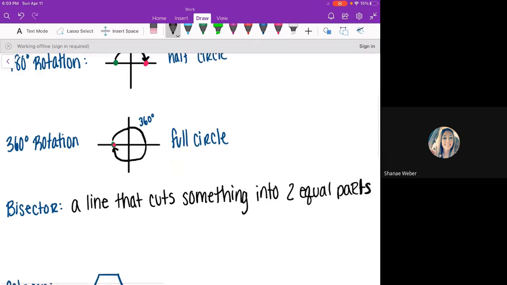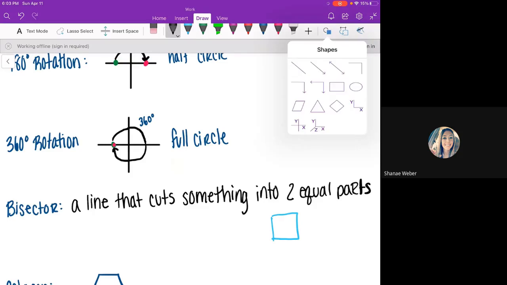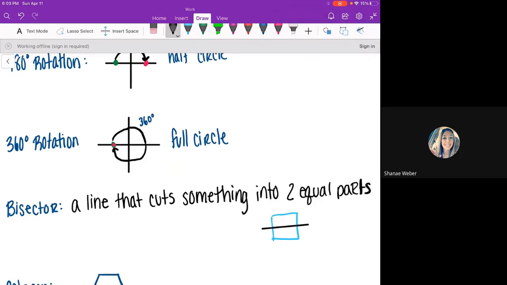So for example, if I had, I don't know, like a square, a bisector could either cut it, there's a couple of different bisectors. We could cut it in half like this. That would cut the square into 2 equal parts. We could cut the square into half like this.